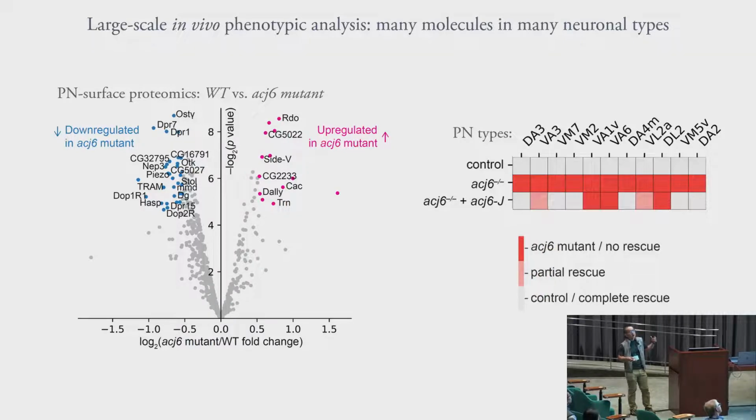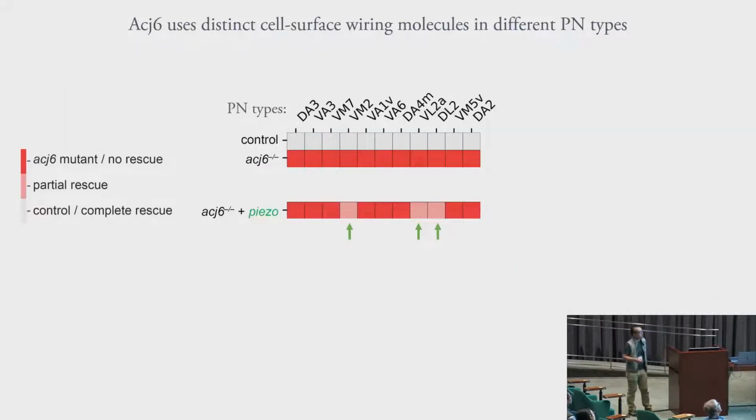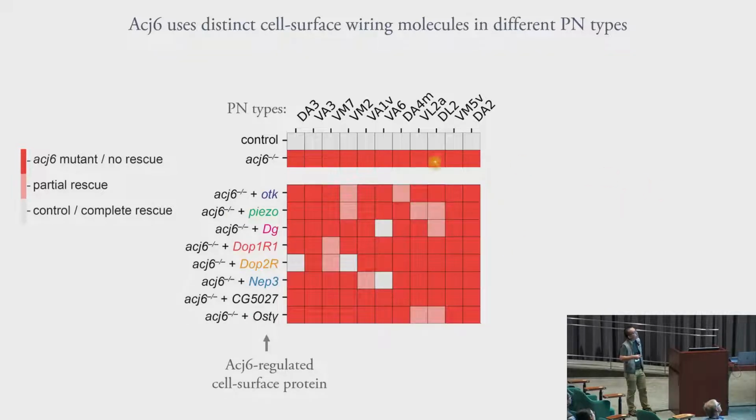When we supply back one specific isoform of Acj6 itself, we can rescue most but not all phenotypes there. Taking Piezo as an example again, supplying it back, we can partially rescue the phenotype in these 3 PN types but not the others. As shown in each row here, each molecule is frequently used by several PN types.